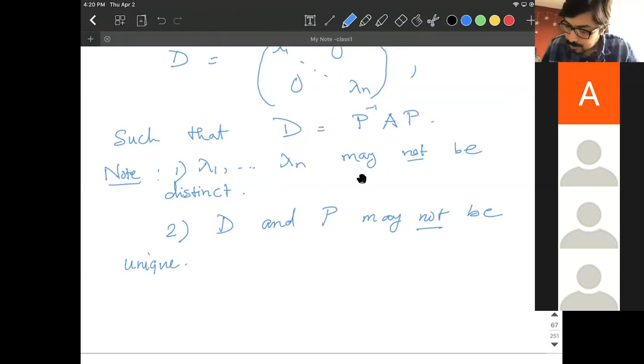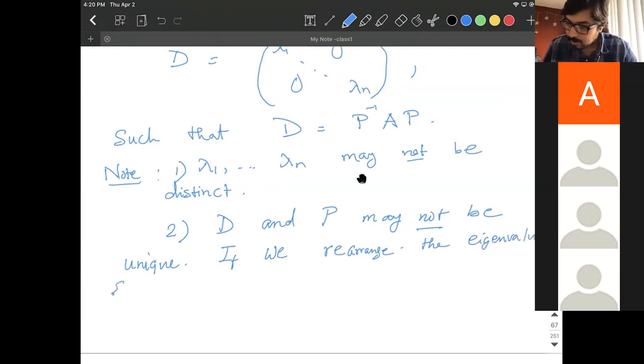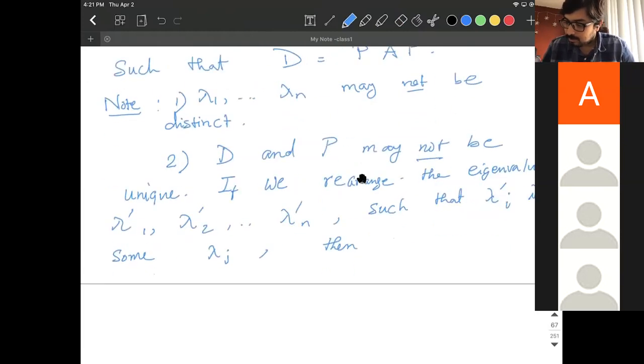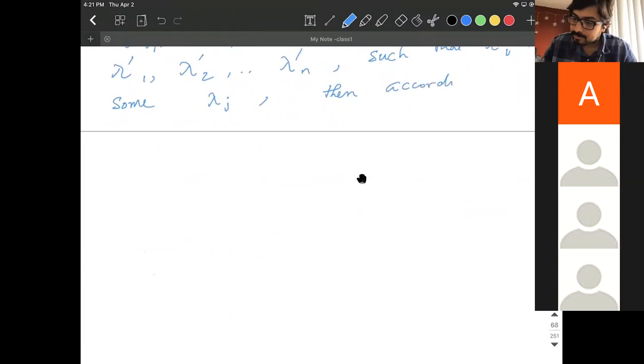For example, if we rearrange the eigenvalues, let's say lambda prime 1, lambda prime 2, up to lambda prime n, such that each lambda prime i is some lambda j, then accordingly we have a new P.